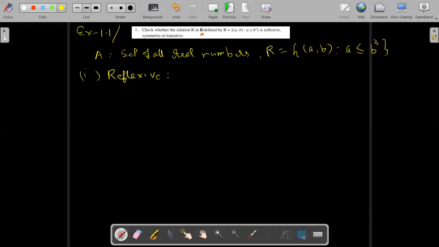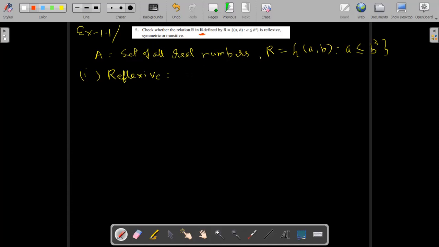So we are taking question number 5, exercise 1.1. Here A is the set of all real numbers. Here it is given capital R, bold R, which is written for real numbers. The relation is defined on the set of real numbers by a is less than or equal to b cube. So again, we have to find the numbers which will not satisfy here.